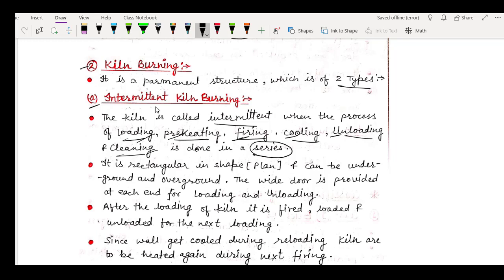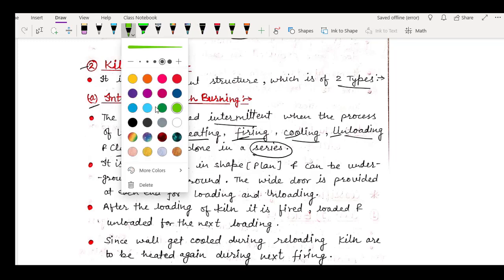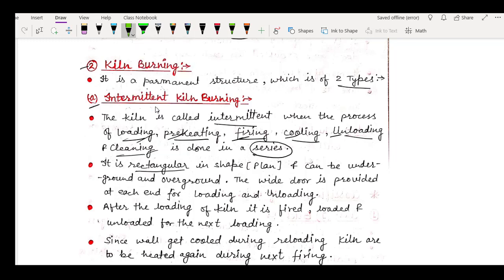Second point: it is rectangular in shape, whereas the clamp was trapezoidal. It can be underground or on the ground. Wide doors are provided at each end for loading and unloading, so there are two separate doors.